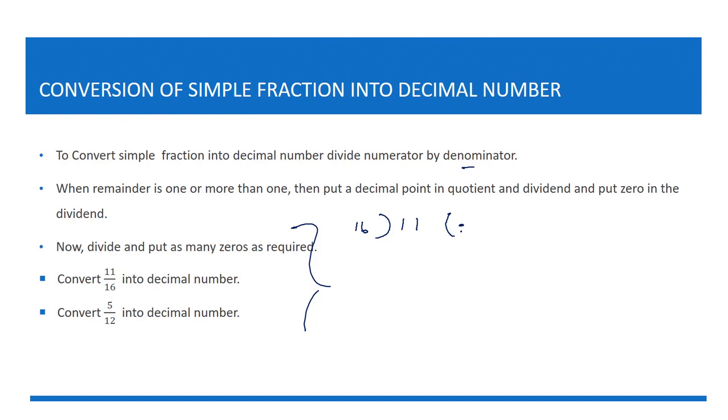Right, so now I'll go with the 0. So 16 6s are 96. Correct? Right, what happens here? Subtract 110 minus 96. 0 minus 6 is not possible. Take a carry, that will become 10. 10 minus 6 is 4.